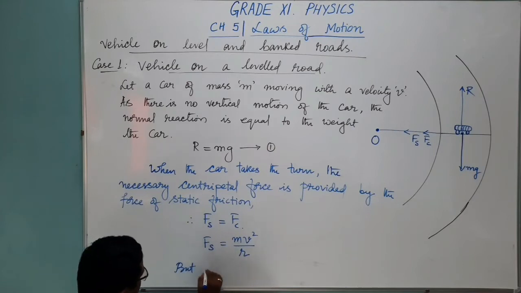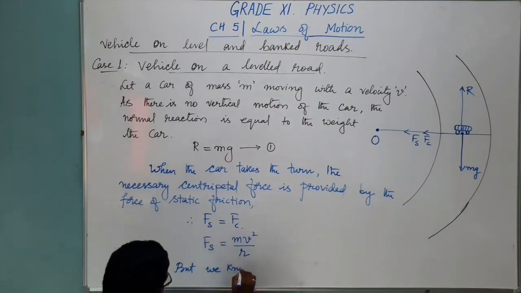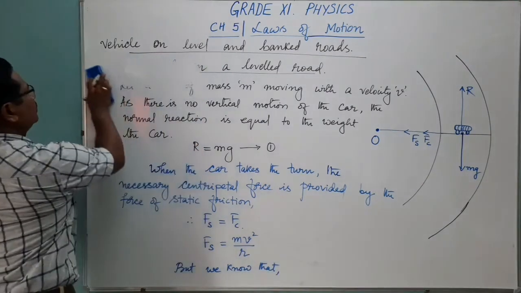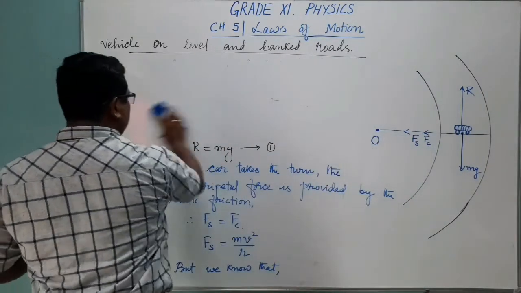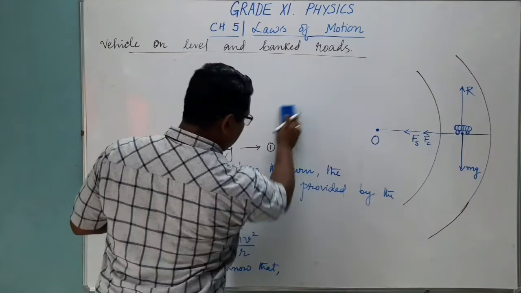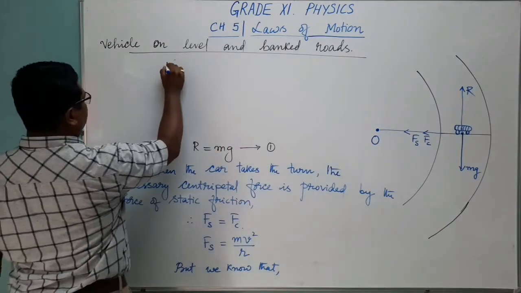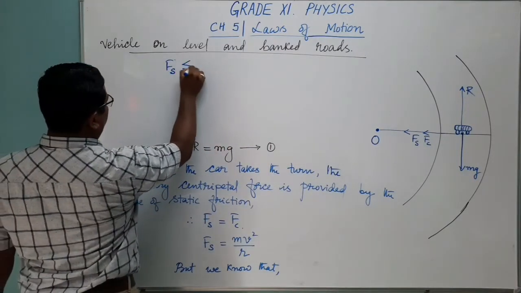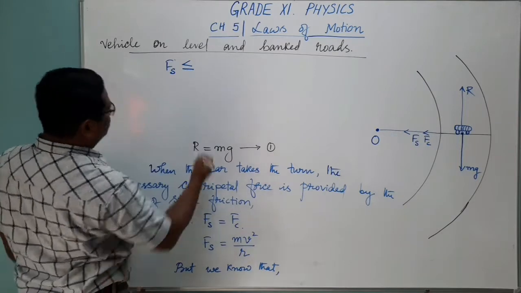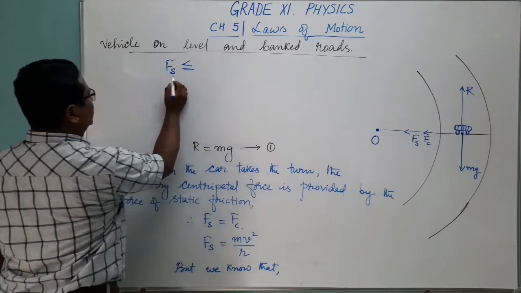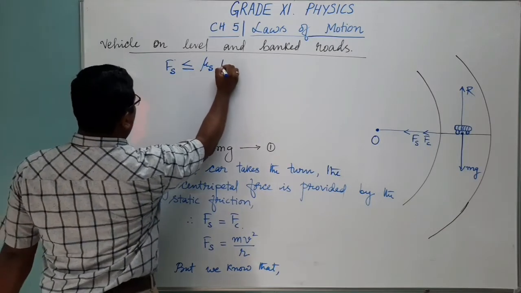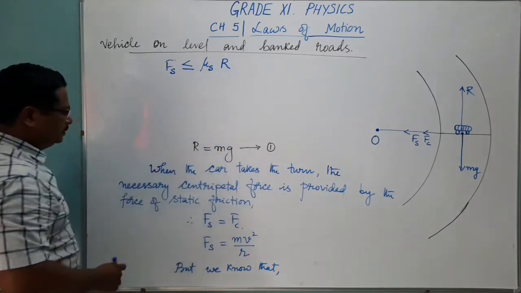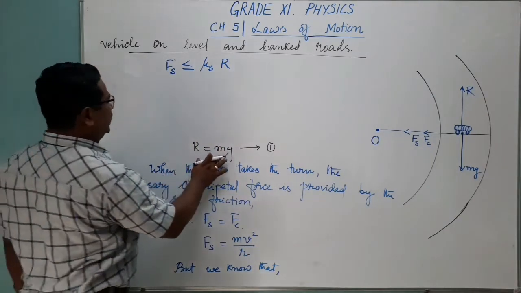But we know that force of static friction is always less than or equal to the coefficient of static friction into the normal reaction R. And R value we know that it is mg.